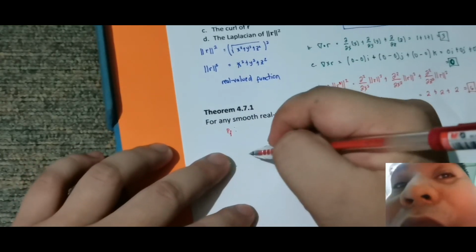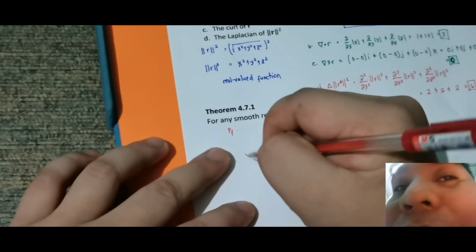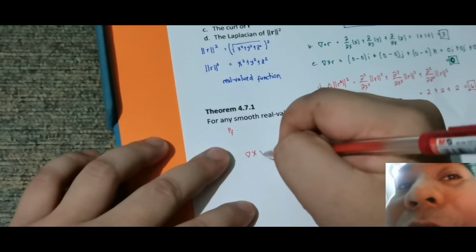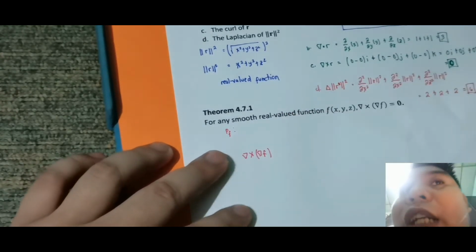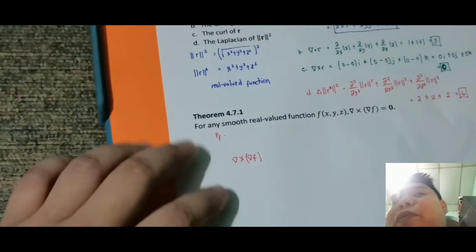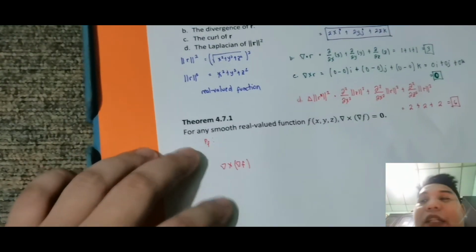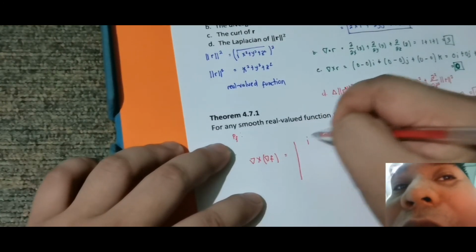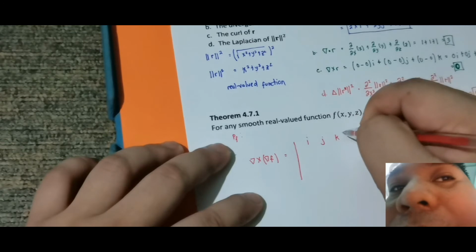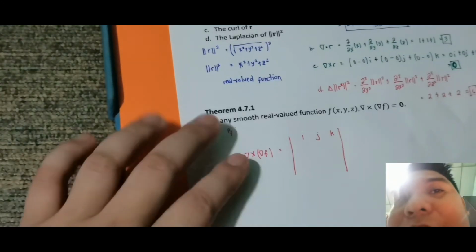Okay, so we see that smooth naman yung f. So we can have del cross del f. Kinuha ko na yung del f, diba, ang del f natin is yung gradient. Since gradient siya, alam natin vector field siya. So this is i, j, k. Okay, so para sa del, ano yung del natin?